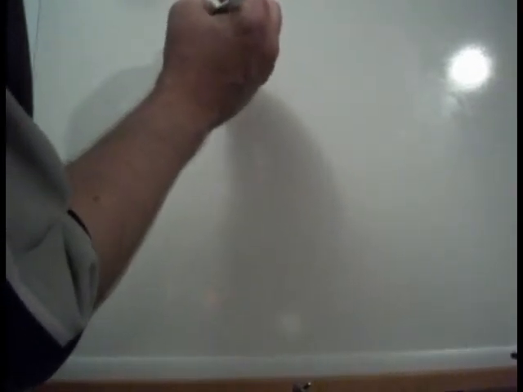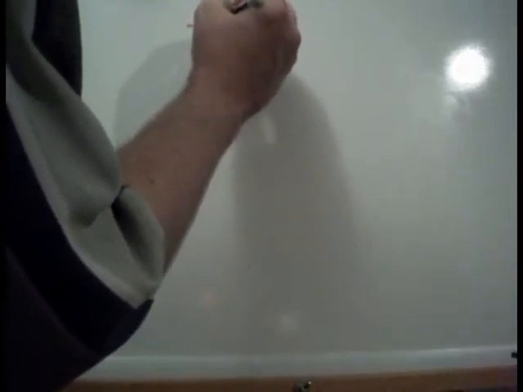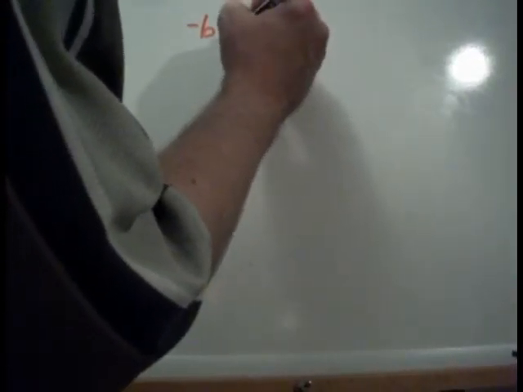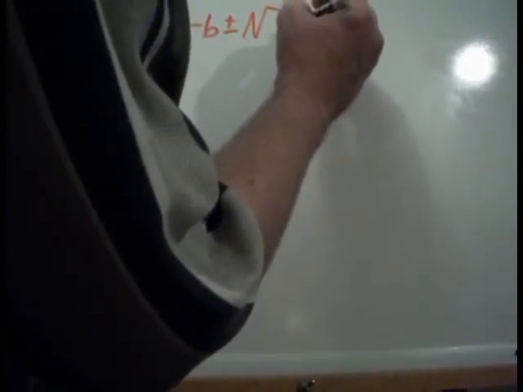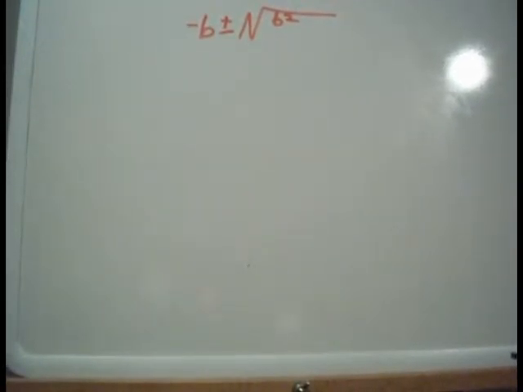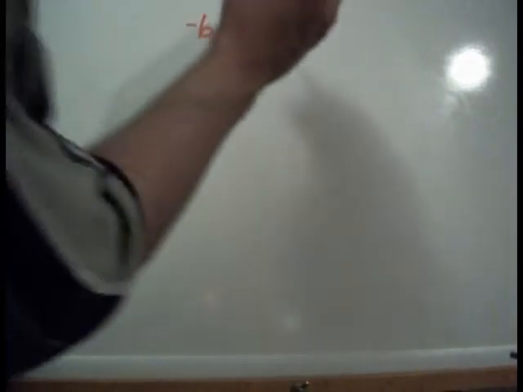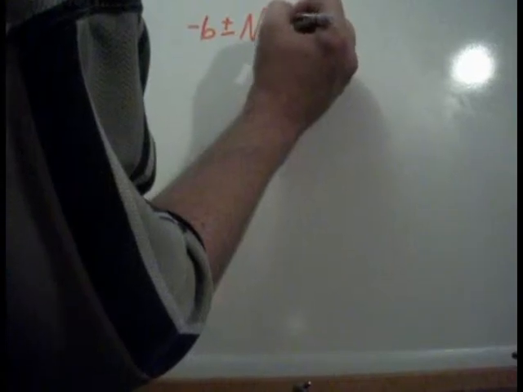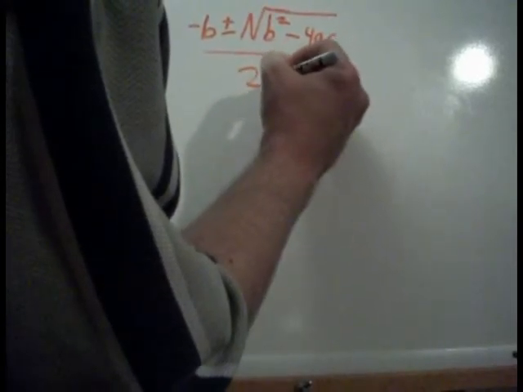Now, what do they teach you when it comes to the quadratic formula? They teach you that the standard form of the quadratic formula is the opposite of b plus or minus the square root of b squared minus 4ac all over 2a.